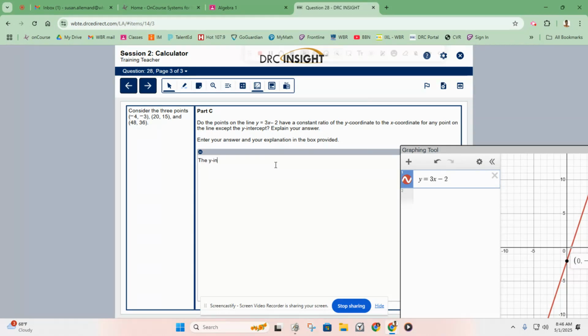The y-intercept of this equation is at 0, negative 2. So it does not produce a 0 in the denominator.